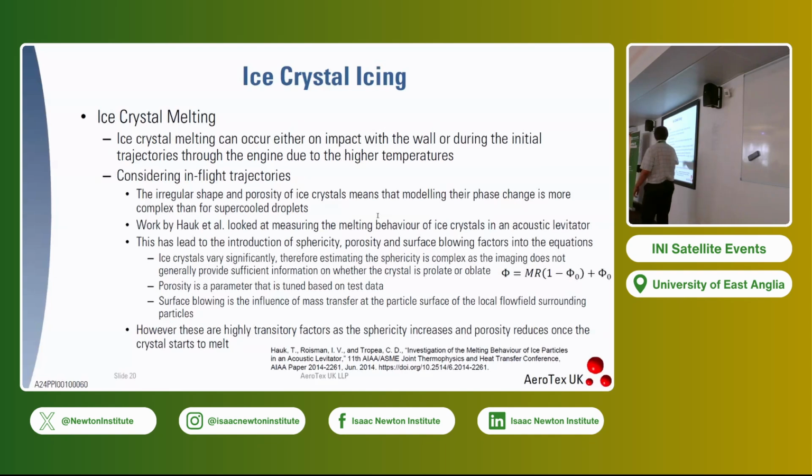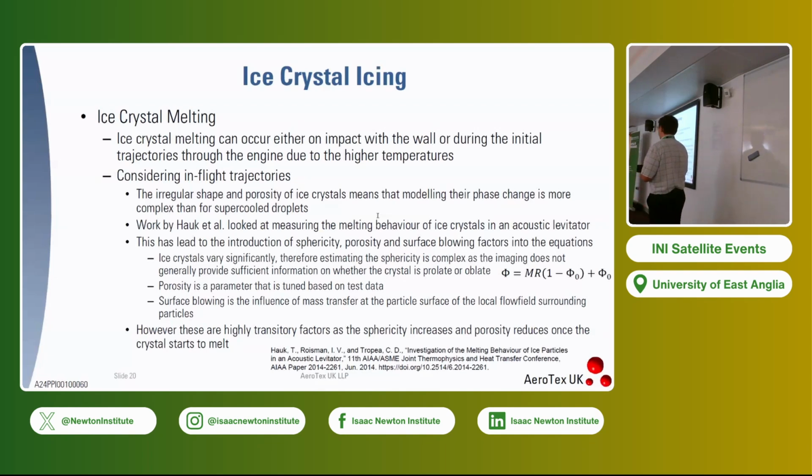There was some interesting work done by Hauk et al., referenced there, and they actually took some ice crystals and put them in a levitator, so they could see them changing their form. What this basically gave them is, we're engineers, so we like getting it back into a sphere, so we get a sphericity parameter.